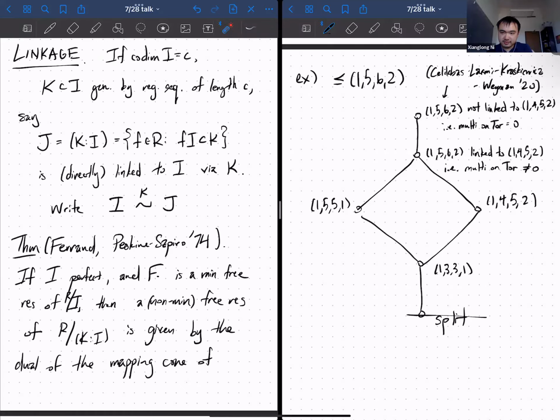I was wondering if any of these techniques that you presented today have been used to study free resolutions of modules. The answer is yes and no. If that notion of linkage of modules coincides with the notion of Buchsbaum-Rim linkage that I'm thinking of, then there is indeed a way of adapting these methods to show similar results for modules with that notion of linkage.